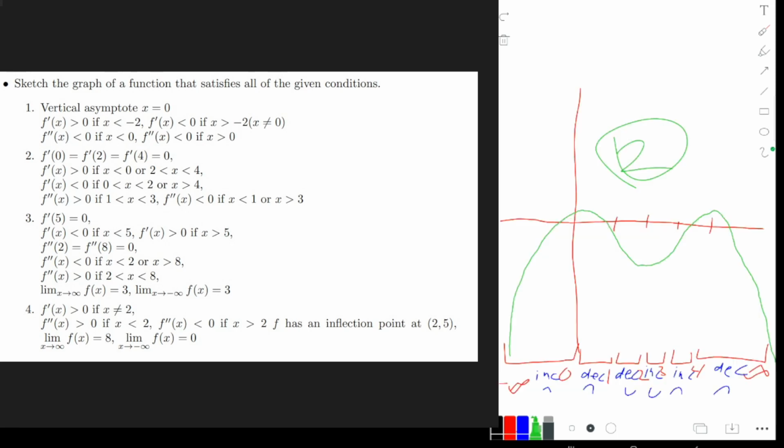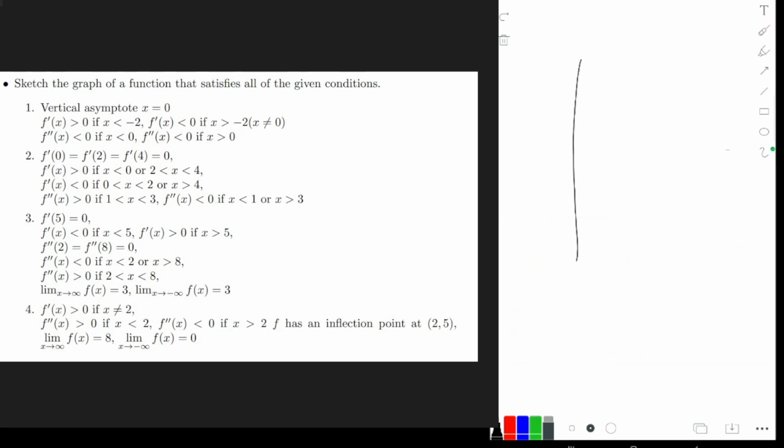All right, so in number 3, in each case, what I would recommend doing is marking all of the points on the graph.